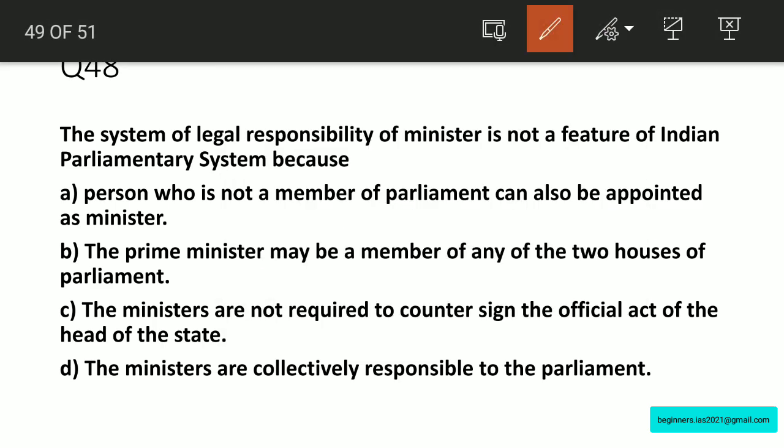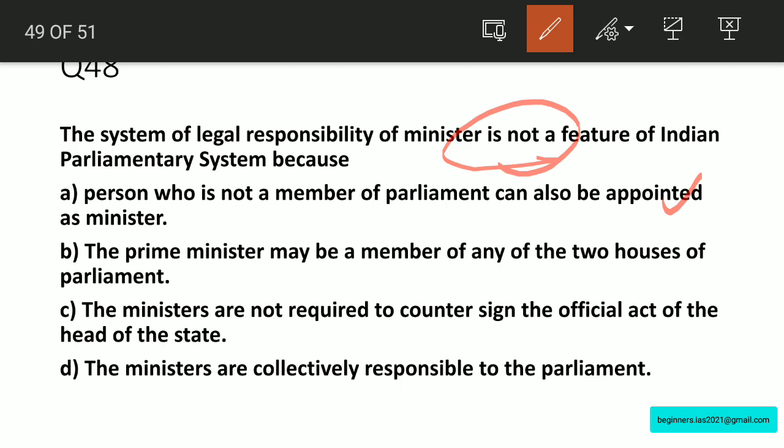See, the system of legal responsibility of ministers is not a feature of the Indian parliamentary system, because we have to identify the one that is not a feature. See, a person who is not a member of Parliament can also be appointed as a minister. Okay, here we have to identify the one that is not a feature, but this is a feature.